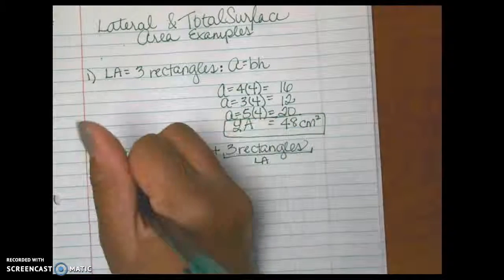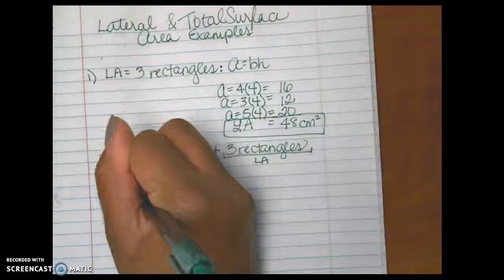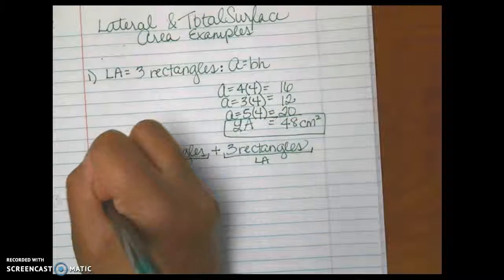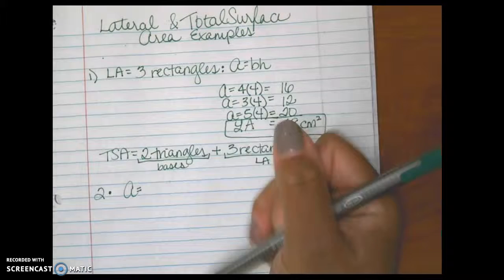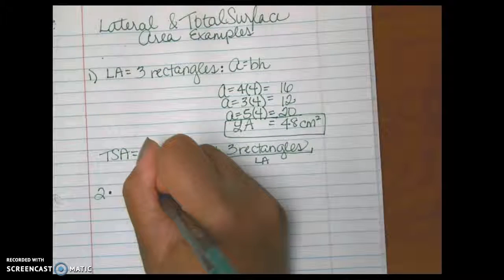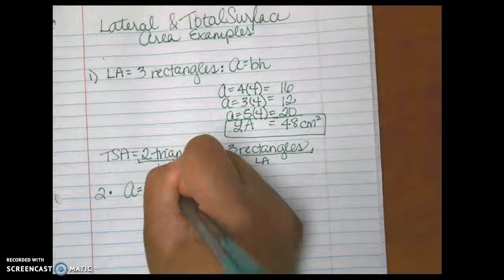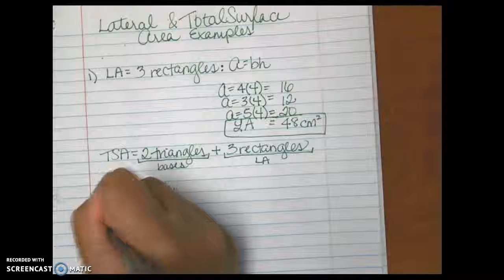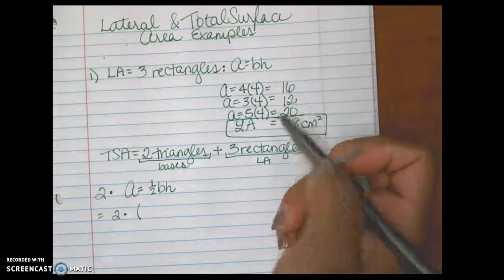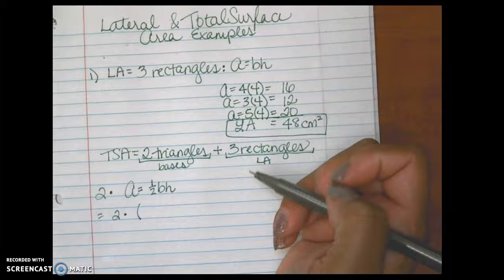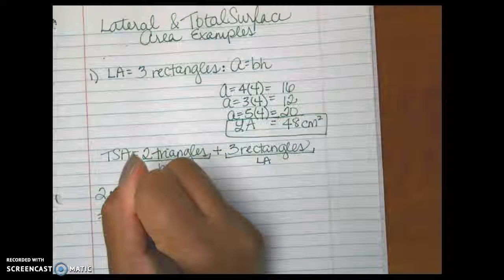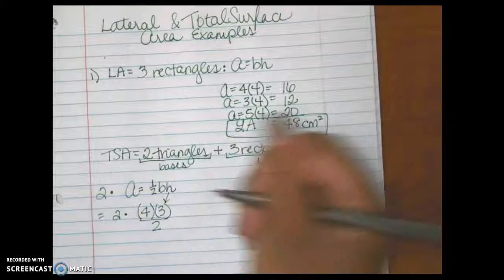Now, actually 2 times. What's the area of a triangle? 1 half base times height. So the answer is going to be 12. What's the base and the height of the triangle? 3 and 4. 4 times 3 divided by 2. Same thing.